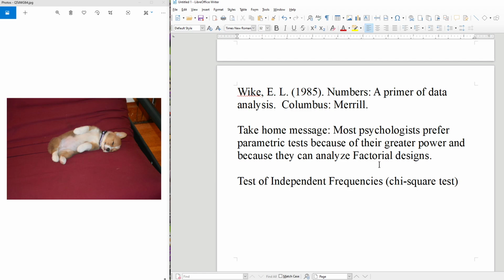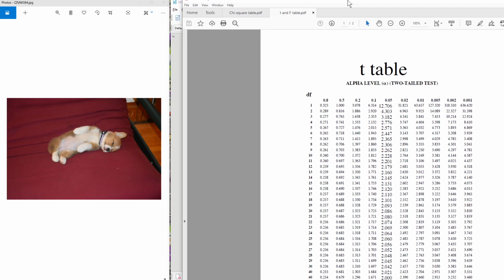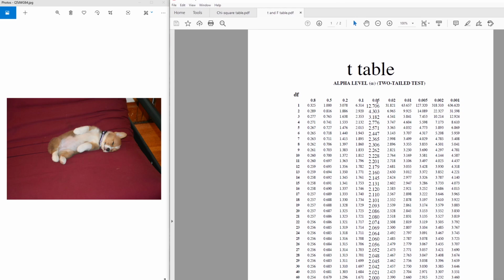Now, this test requires you to use a new table, and the new table is on the front page of the Canvas site. And it's the chi-square table. So it's the chi-square test. Chi-square table is what you need. And I want to show you something about it. Here's the T table, and this is going to be true of the F table too. I don't know if this is big enough for you to see, but here's the 0.05 column. It's in bigger type.